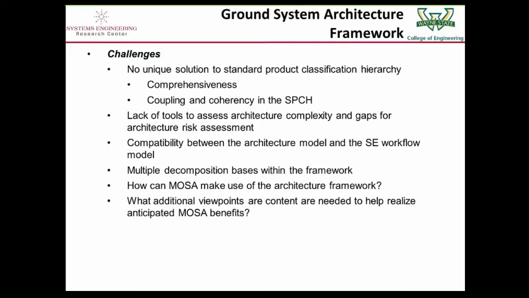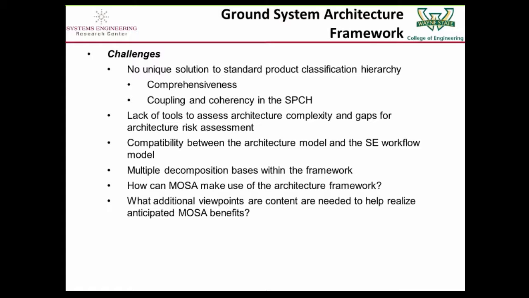So on to chart 13. I wanted to highlight what I saw as some of the systems engineering challenges. I've talked to one of them, that there is not necessarily a unique solution to the standard product classification hierarchy, because there's different dimensions that it could be broken out on.